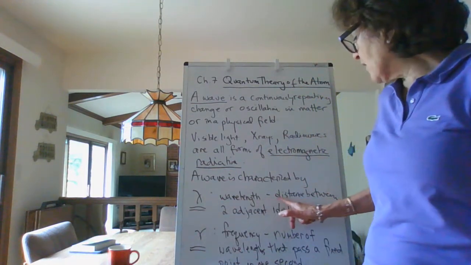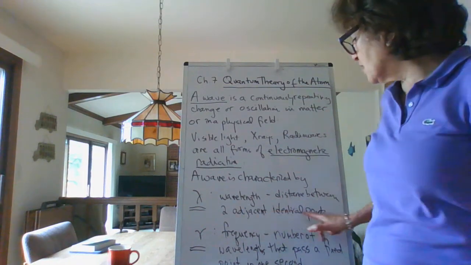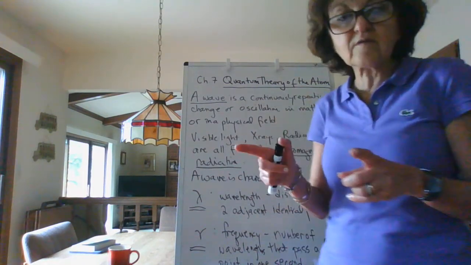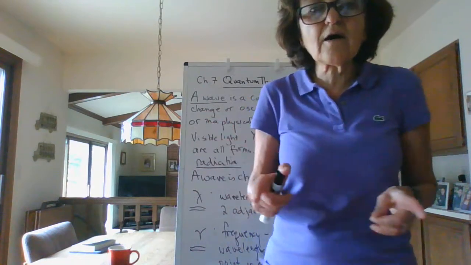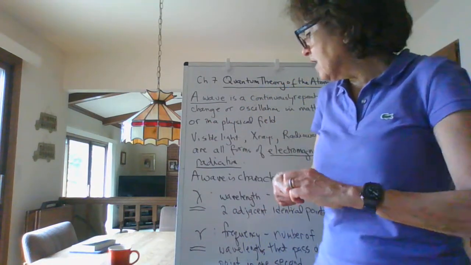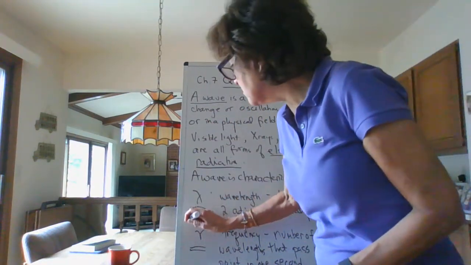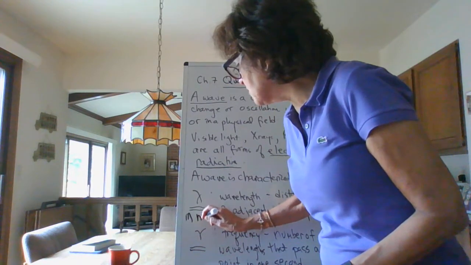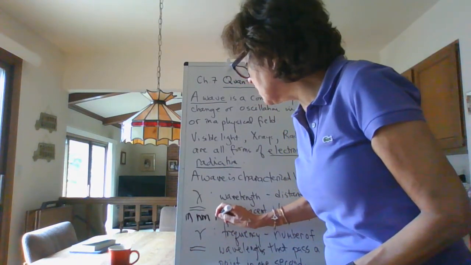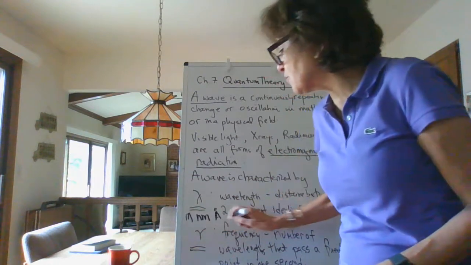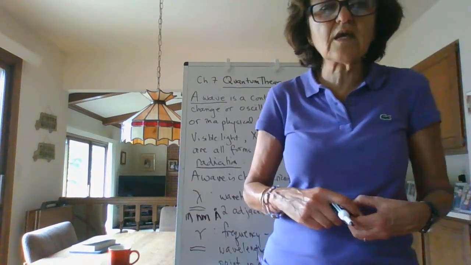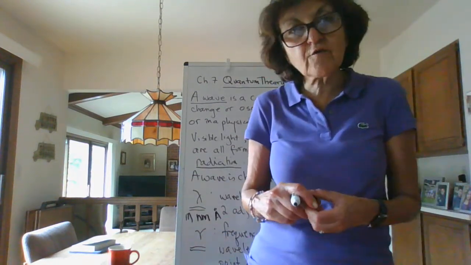What is wavelength? Wavelength is the distance between 2 adjacent identical points. So it's a distance. Wavelength is measured in meters, in nanometers, and also in angstroms. Those are the 3 typical things you will be seeing for the units for wavelength.